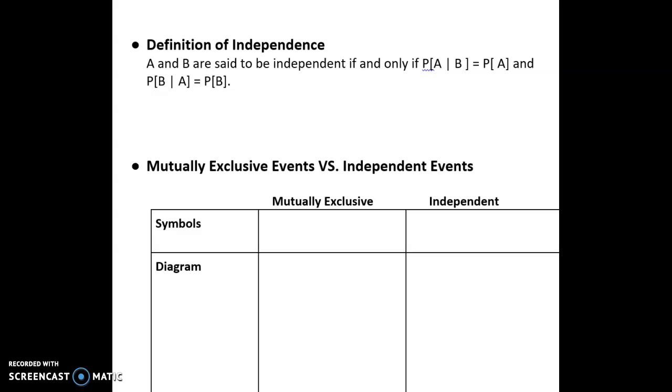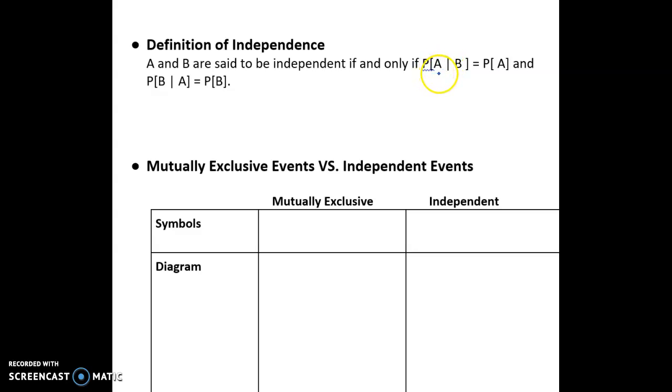All right, the other big topic in this section is dependence, or independence, all right? You've probably heard a little bit about independence before. You'll have a pretty good intuitive sense of what this means. A and B are said to be independent, and I think maybe the book gives you a little bit different definition, if and only if. That means this is an if-then statement that goes both directions.